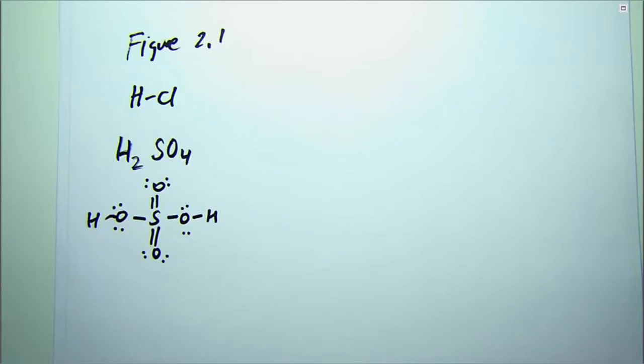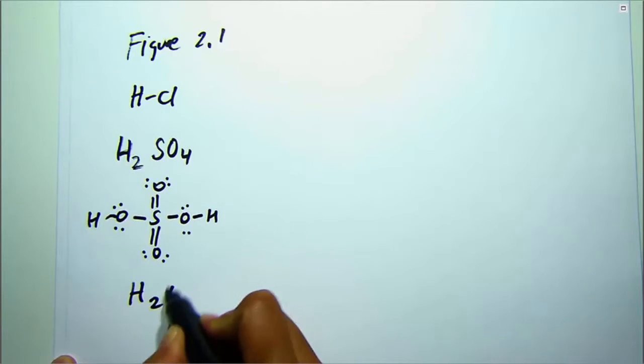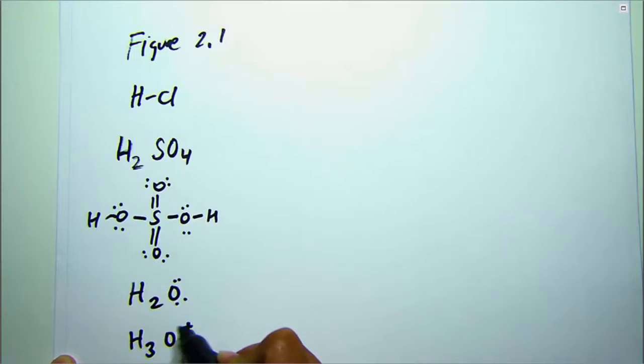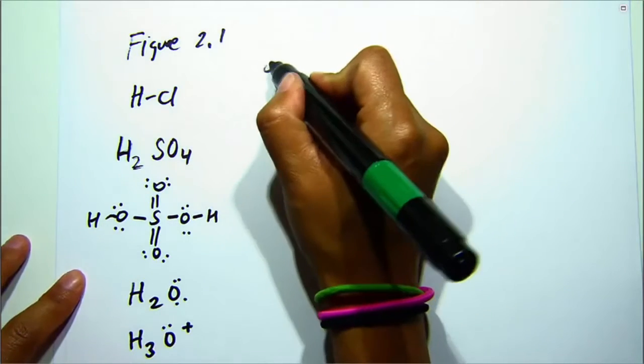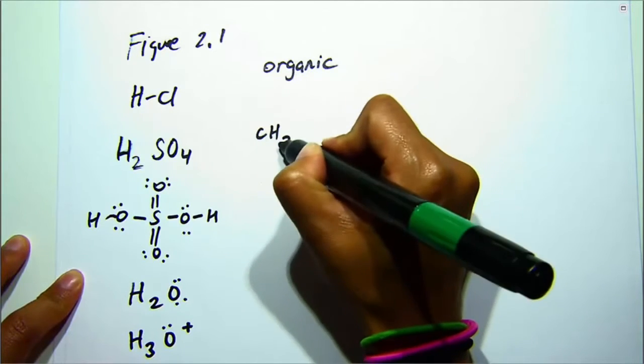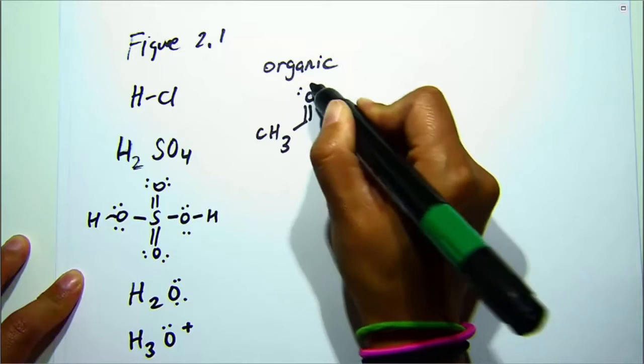Other common acids, of course, water can act as an acid. And then also hydronium ion. Now we can also have organic acids, and you'll see some various ones during the class. Today we're going to focus on an organic acid called acetic acid, which we've also seen in class before.